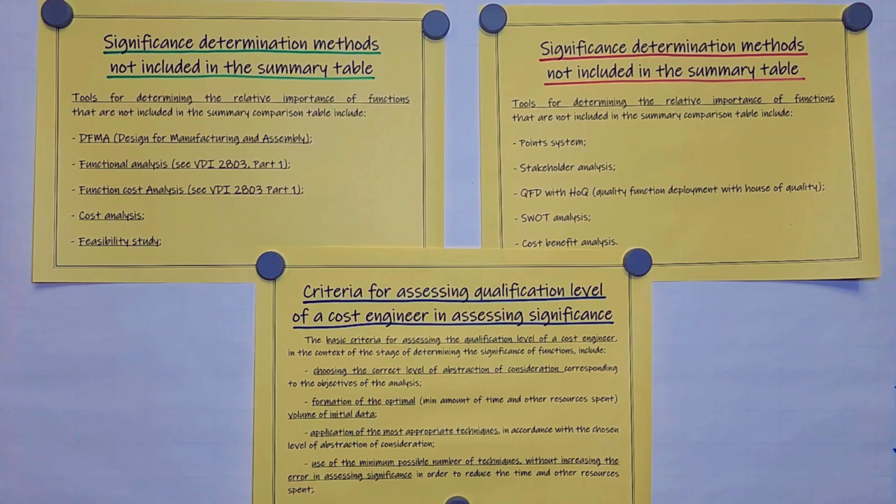And secondly, as a stage of assessing the degree of customer satisfaction, which will be discussed in more detail in issue number 12, degree of satisfaction and fulfillment quality of functions and their carriers, regarding QFD, quality function deployment with house of quality.